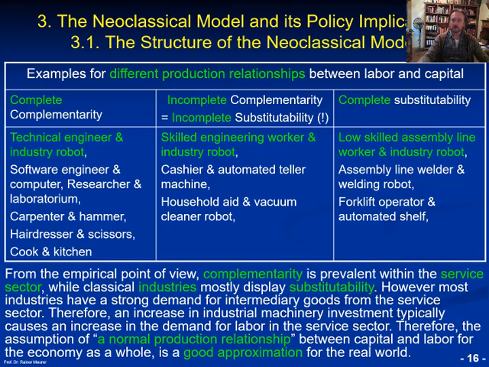Therefore, an increase in industrial machinery investment typically causes an increase in the demand for labor in the service sector. Therefore, the assumption of a normal production relationship between capital and labor for the economy as a whole is still a good approximation for the real world.